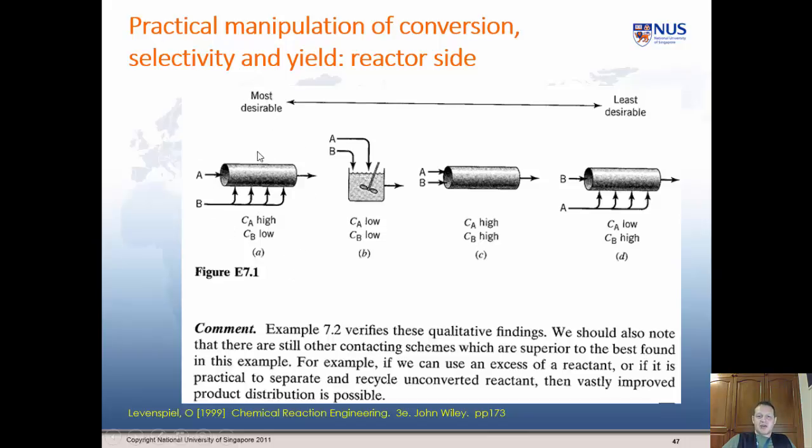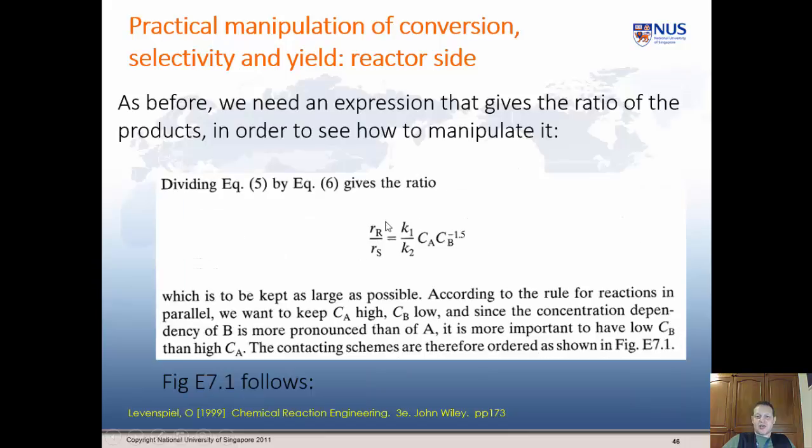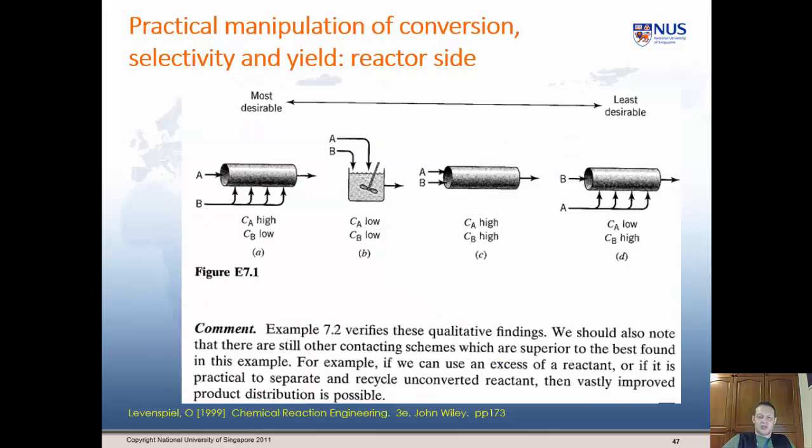These are the most desirable, and moving that way shows how your process gets steadily less desirable in terms of how you're trying to tweak this. So your best bet if you're doing a batch reactor is to put A in the batch reactor and add B slowly. That way you have A high and you have B low, which means you'll maximize the product you want.